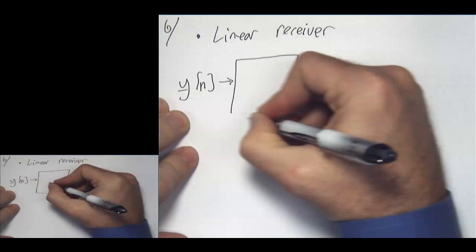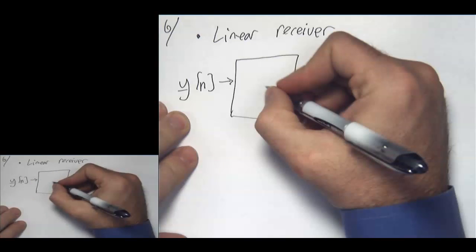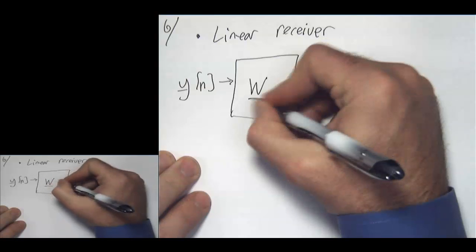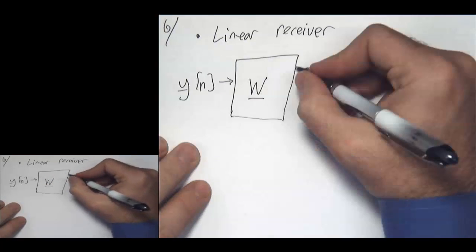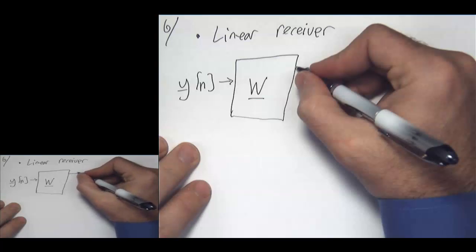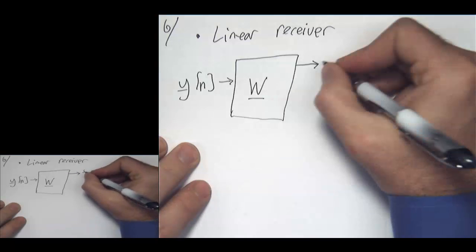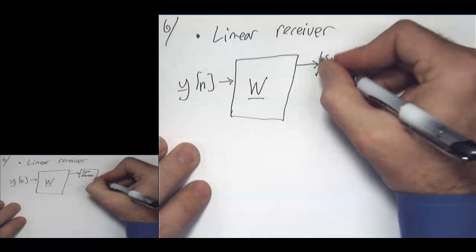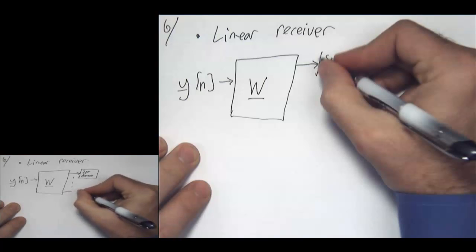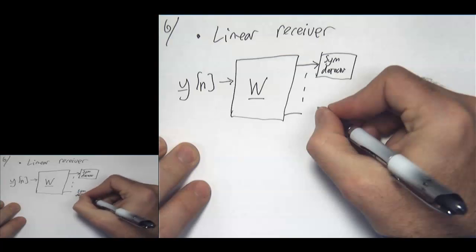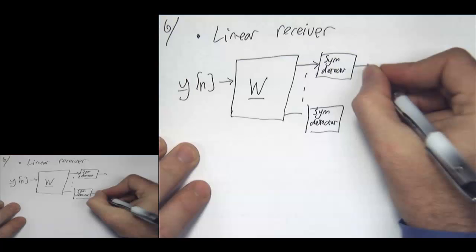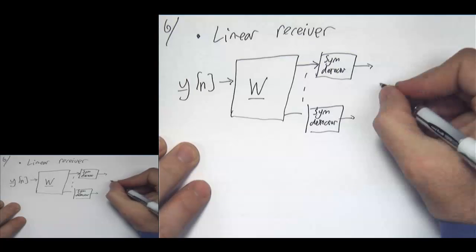They apply to this y of n some matrix, let's call it W. And then the output of that you detect independently. And then the output of this would be your s hat of n.